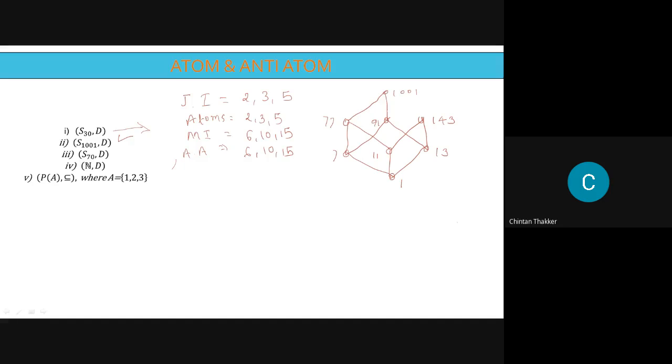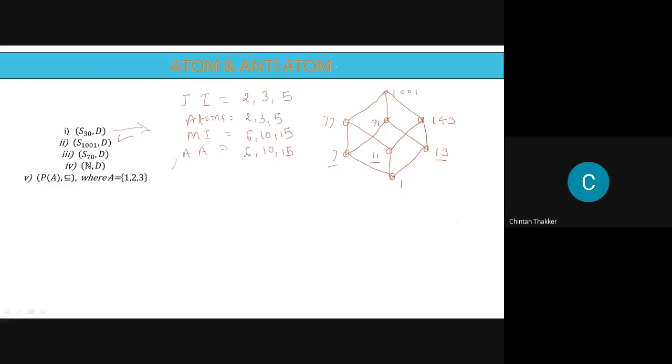It is similar to S30. So here only one line coming from downside. It is 7, 11 and 13. At 77 we have two lines coming from downside, at 91 also and 143 also.